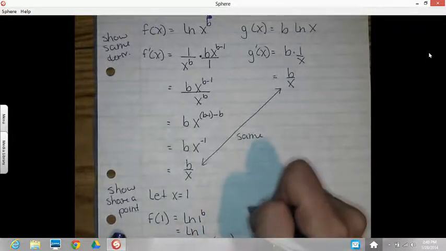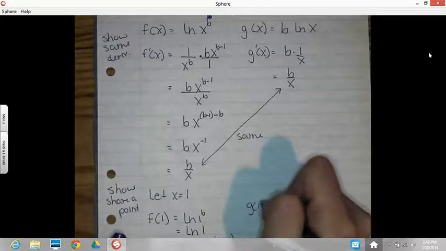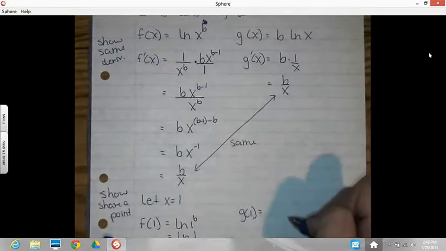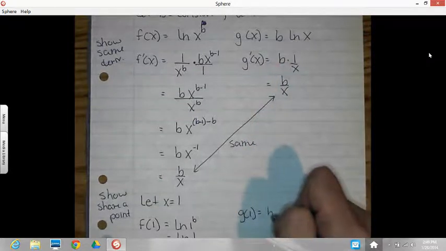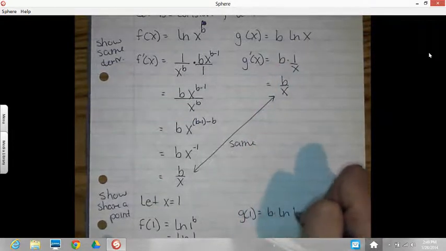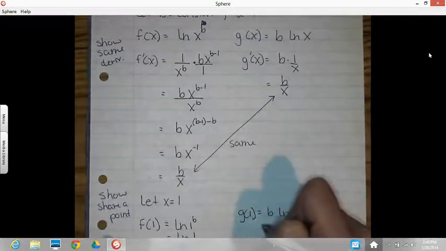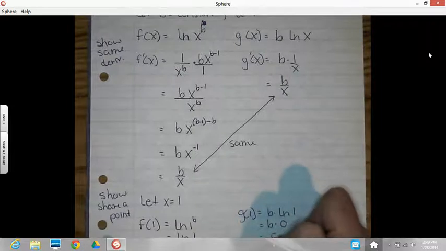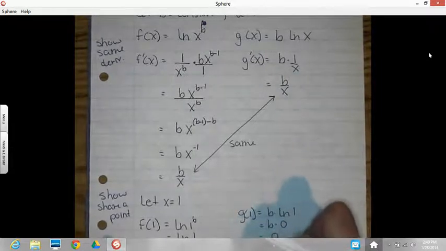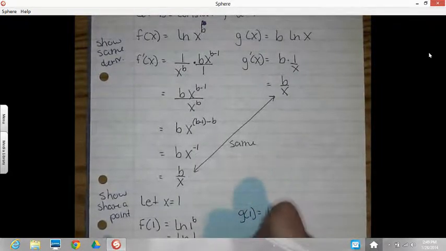For g of 1, we better get the same thing. So g, I'm putting in 1 for the x, keeping the b. So it's b times natural log of 1. Well, natural log of 1 is a 0. Anything times 0 is 0. We just got the point 1, 0. I've now shown that they share this specific point.